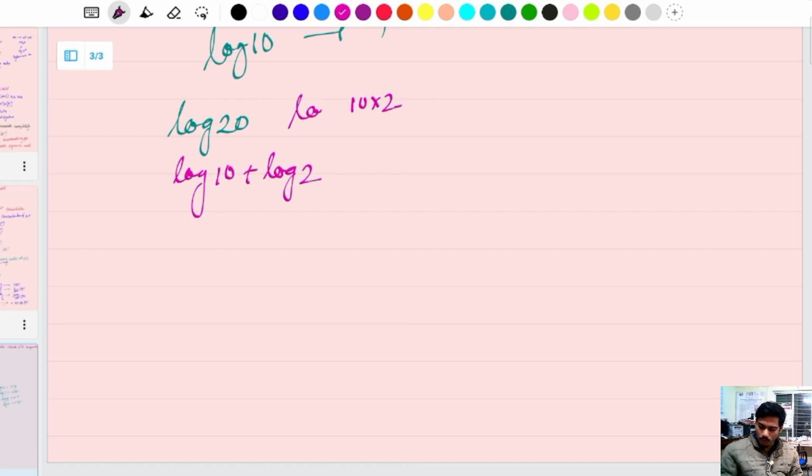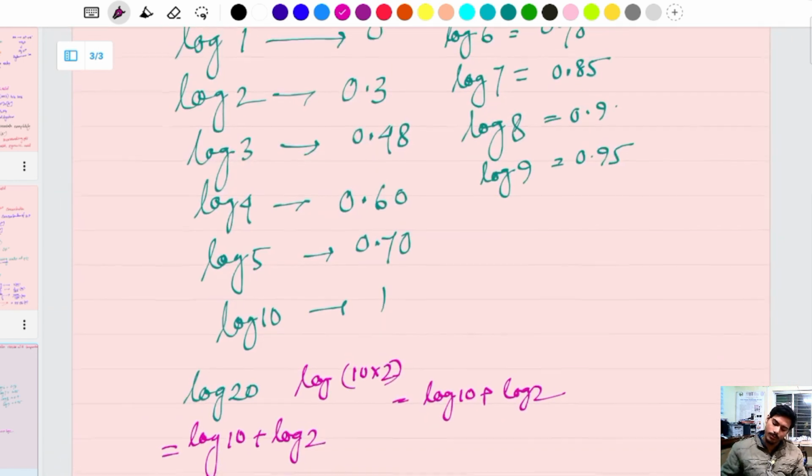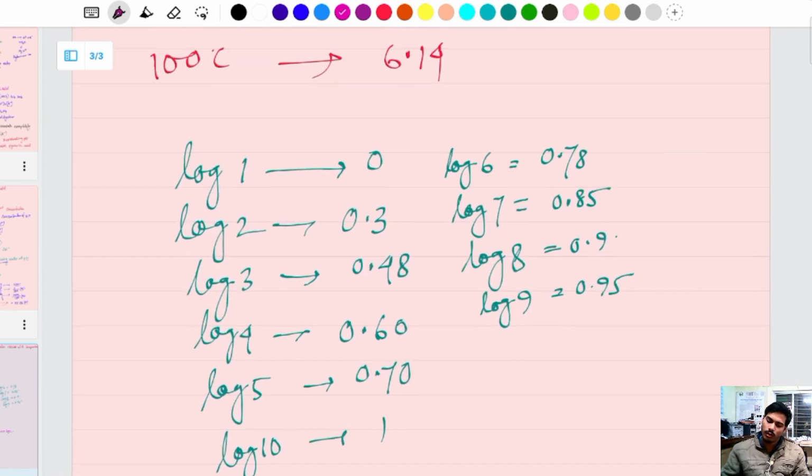You know log of 10 into 2 means log 10 plus log 2. So log 10 you already know is 1, and log 2 you know is 0.3, so that will be 1.3. This is a very easy calculation. For calculation purposes you just have to remember the logarithmic values.